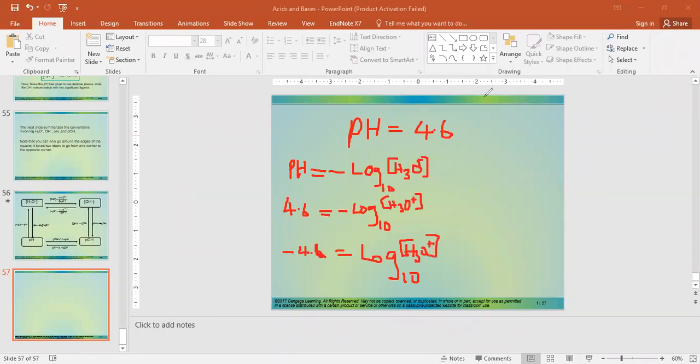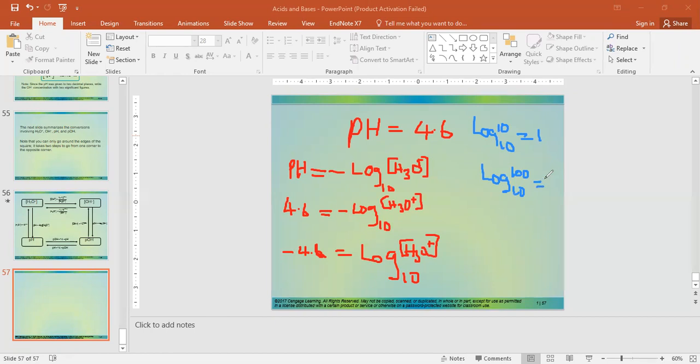Yes. Now let me say something different. From your mathematics, what is the logarithm to base 10 of 10? It will be 1. What is logarithm to base 10 of 100? It will be 2.